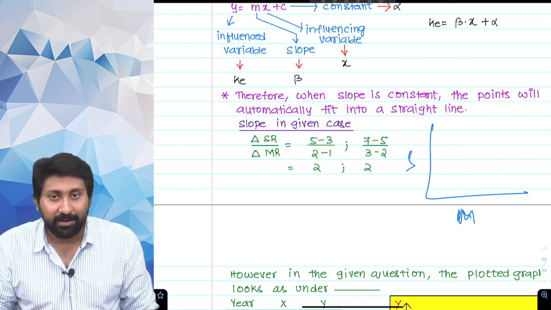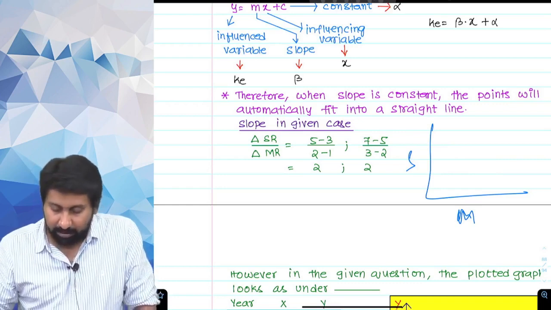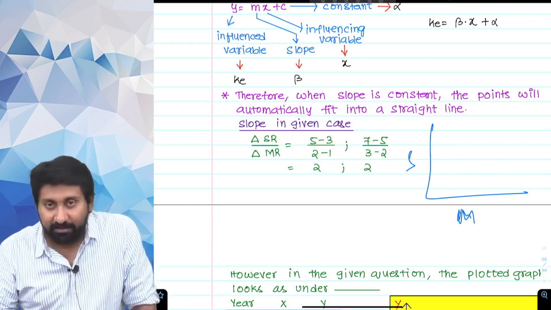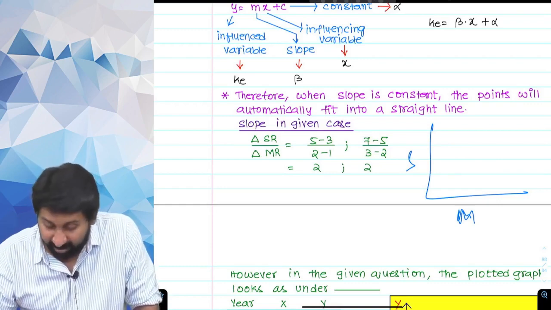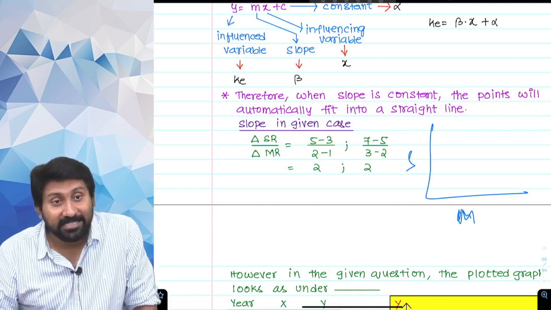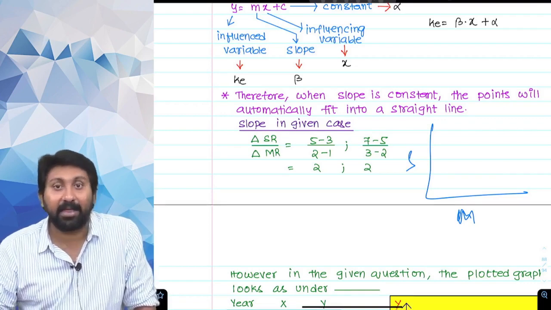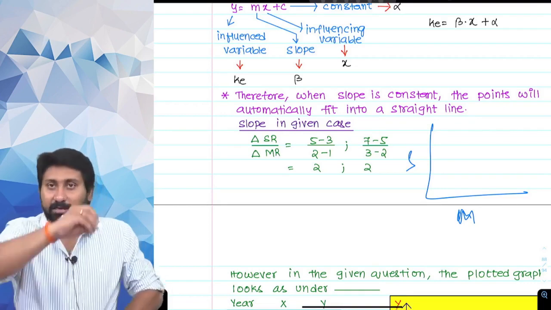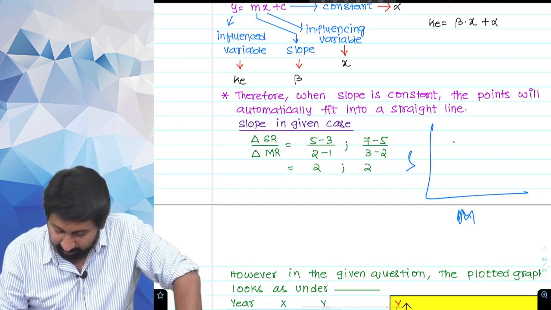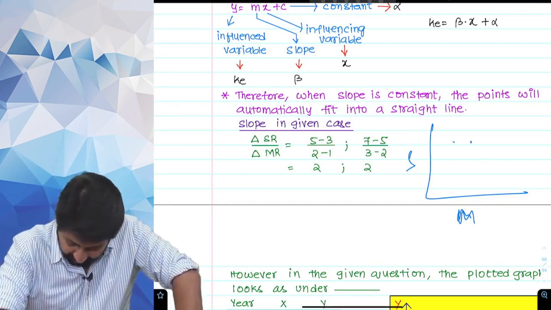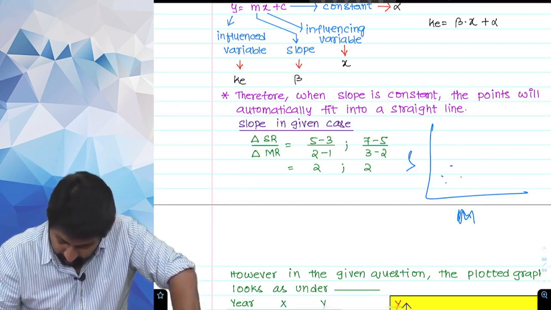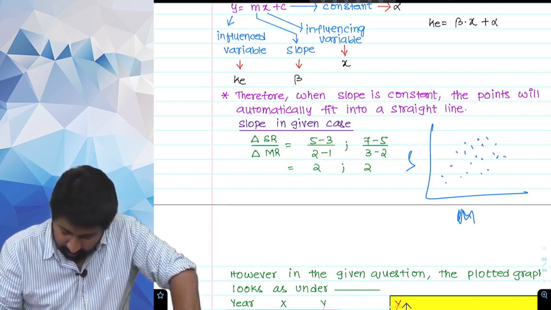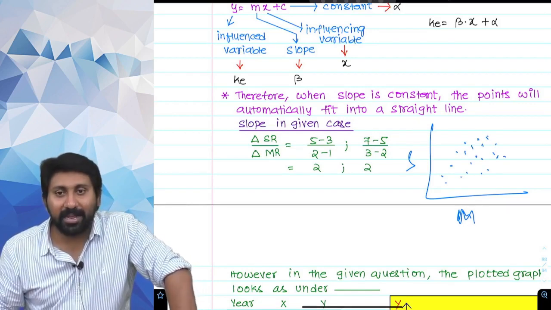Am I clear? Okay. So that will be decided by covariance. Next, whether it is a curve or a straight line will be decided by correlation. Straight line or scattered points. For example, here is how the line is.